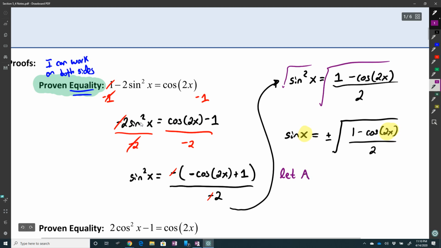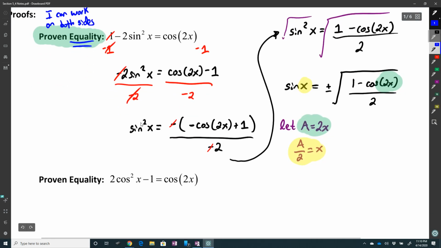Let a equal 2x. I'm creating a new variable. So if a is 2x, then that means that a over 2 is equal to x. And all I do is I substitute. Okay? So if this is the 2x, that becomes an a. Therefore, the x becomes a over 2. And you have your formula.